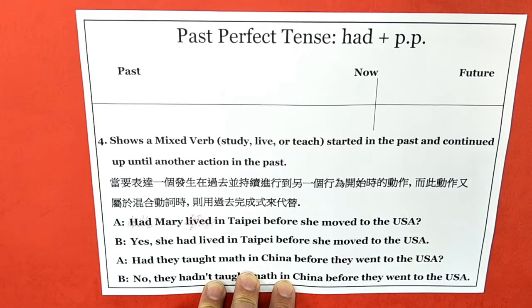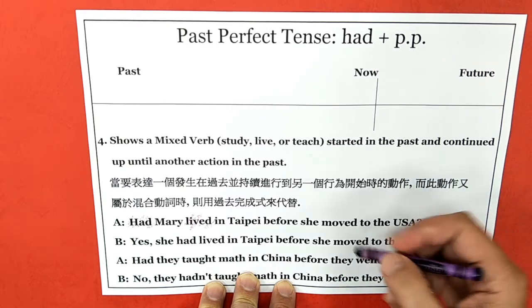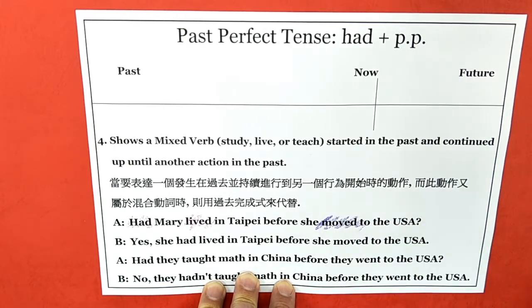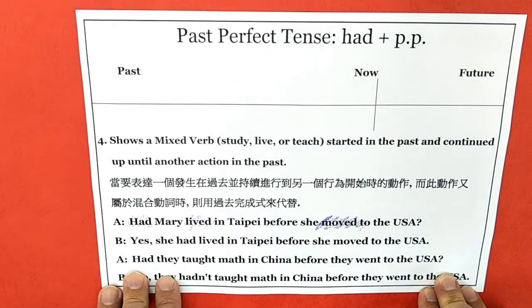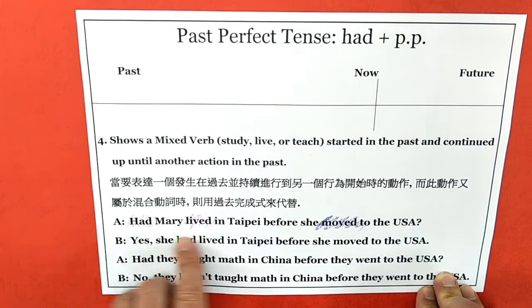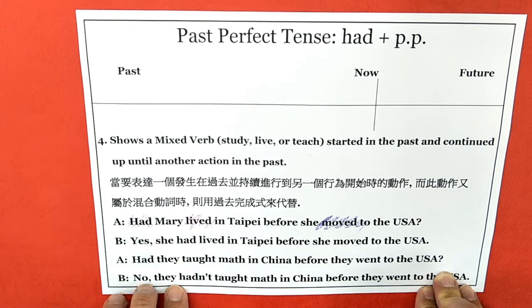And the second one, moved to the USA. Now, you're thinking, well, how else could we say this? Well, you could say, did Mary live in Taipei before she moved to the USA? You could use this simple past. Did Mary live in Taipei before she moved to the US?